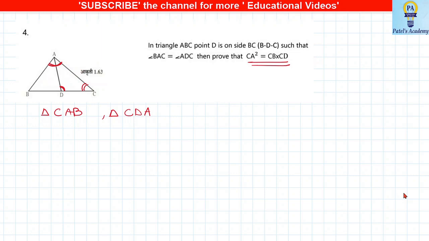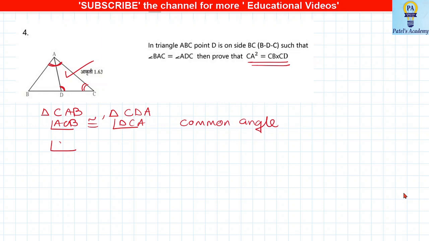Okay, yes. Now in the big triangle and the triangle what I marked is just now, here what we see is angle C is common. So you can say that angle ACB is congruent to angle DCA. Reason is common angle, and one angle is already given equal. What is that?